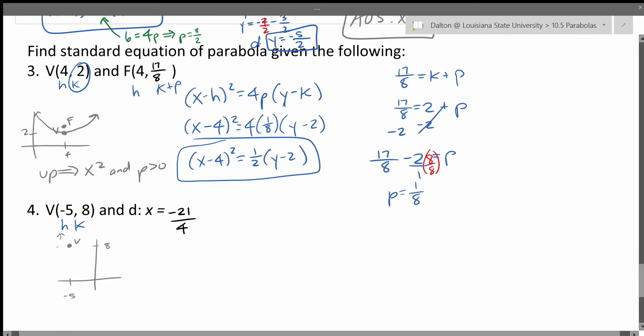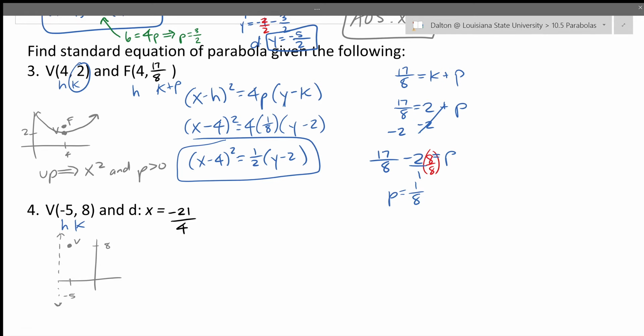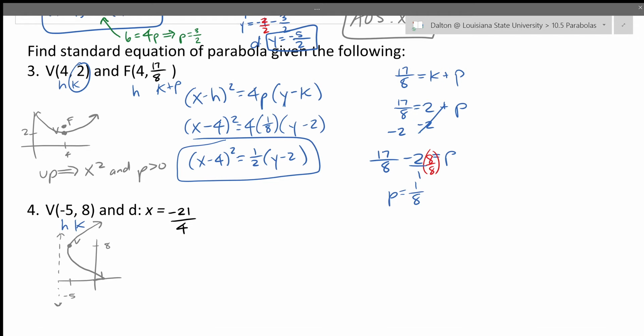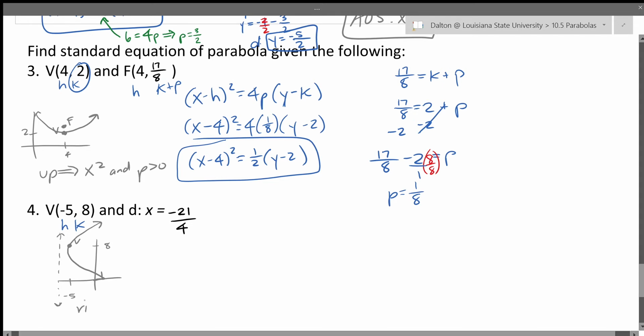So the main thing is that it's a little bit more to the left than negative 5. So if this is the directrix line, x equals negative 21/4, what does that tell us about our parabola? What direction must it open? Yeah, if it can't hit the directrix, that means it has to open to the right. So that implies that we're dealing with a y squared equation where p, again, has to be positive.